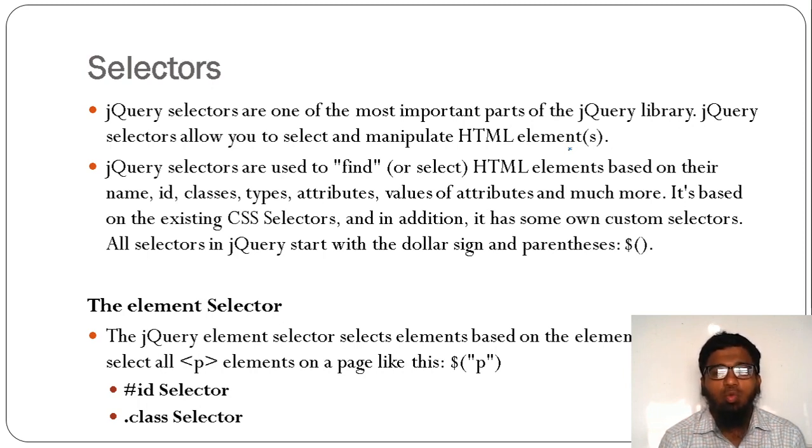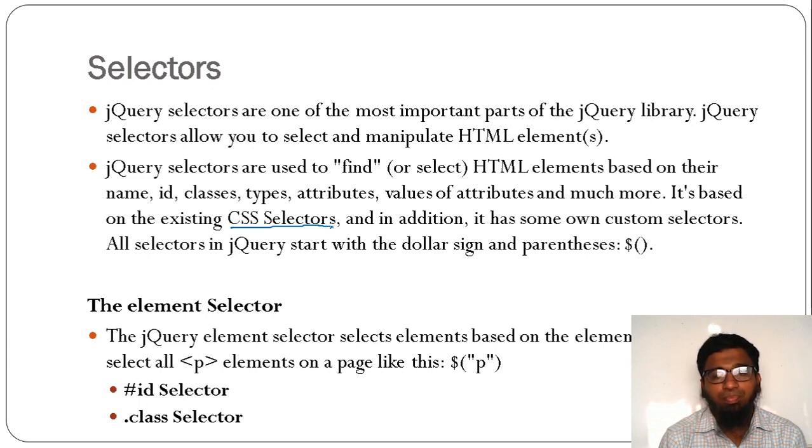jQuery selectors are used to find or select HTML elements based on their name, ID, classes, types, attributes, values of attributes and much more. It is based on the existing CSS selectors.